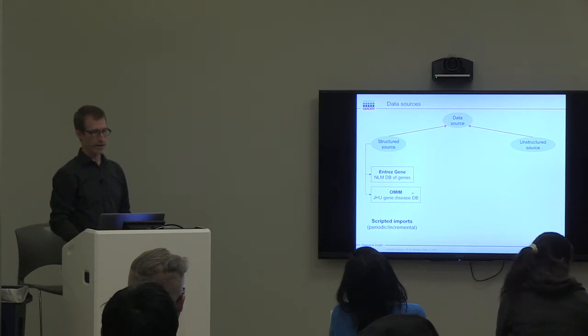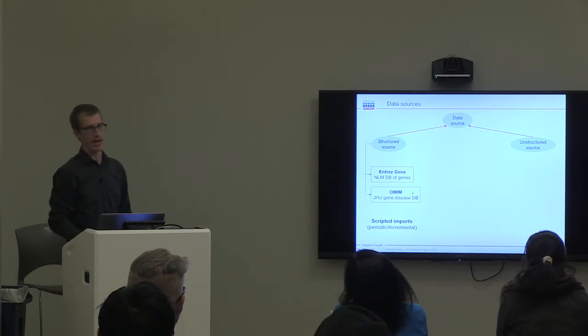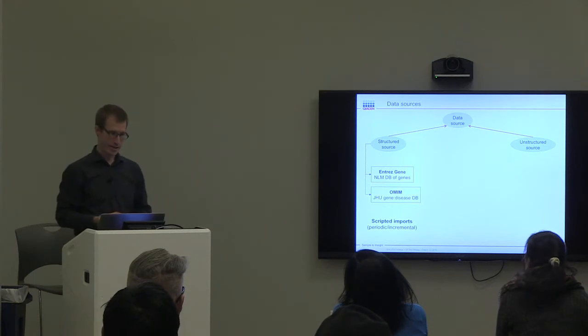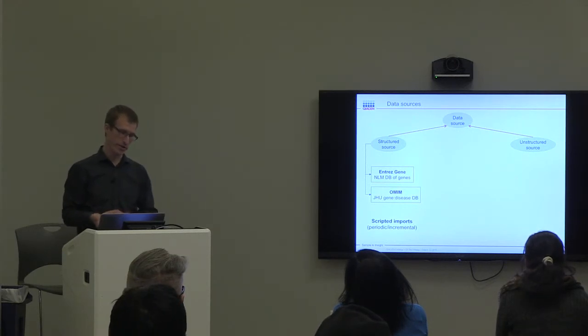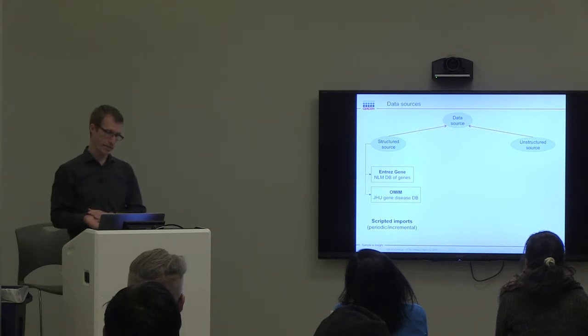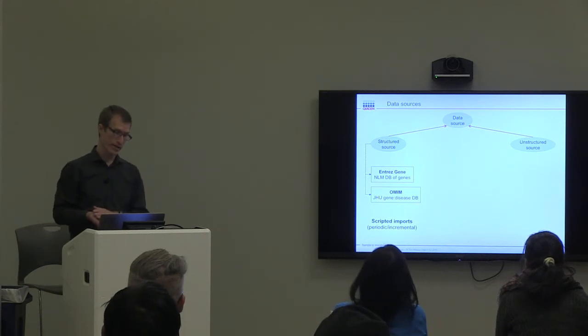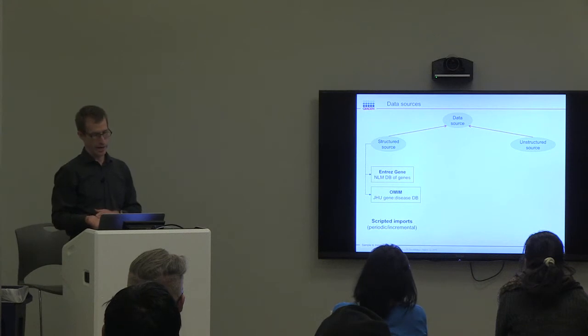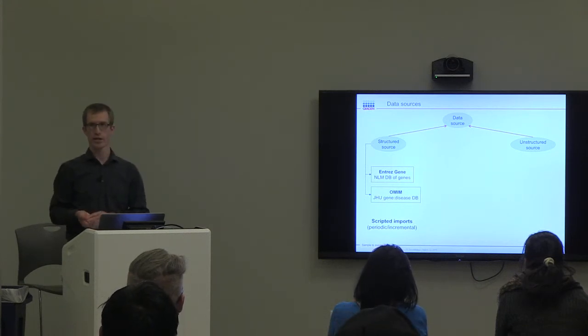OMIM is the Online Mendelian Inheritance in Man database. This is hosted now at Johns Hopkins University, and it's a database that is now online but goes back to the 60s, and is basically descriptions of relationships between genes and diseases, and particular variants and diseases.